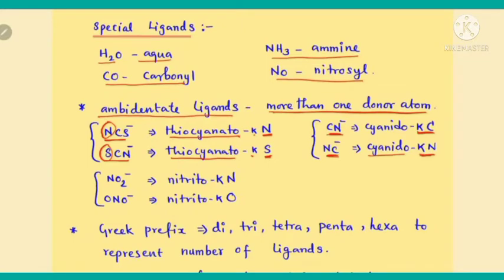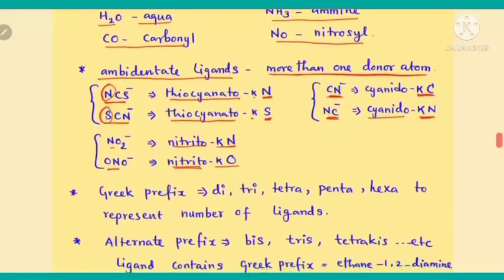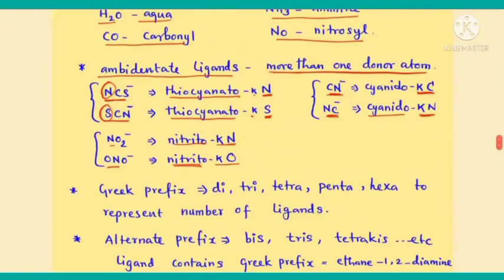And one more example, ligand with formula NO2 minus, which is called nitrito-κN, donor nitrogen. In the same formula, there is another ligand ONO minus, which is also called nitrito, but donor oxygen, so nitrito-κO. Okay, right. So the point we have to remember here: when we have an ambidentate ligand in a complex salt, the donor atom has to be specified.